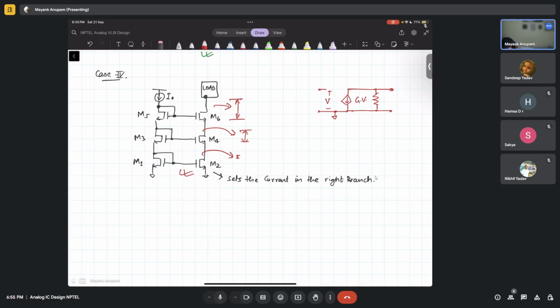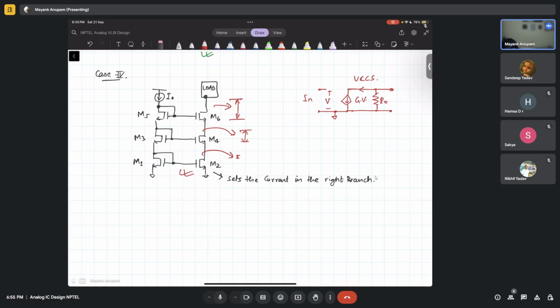So this is your input, and this is your output. So this is a VCCS. It's simply a voltage controlled current source. Because of this voltage here, you are getting some current, which is G times V, which is going to flow through this, and your goal is to make sure that all the current flows at the output side.